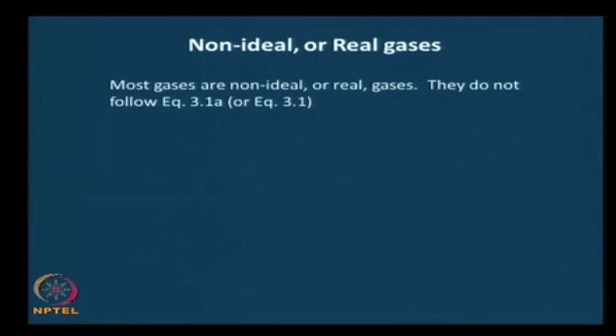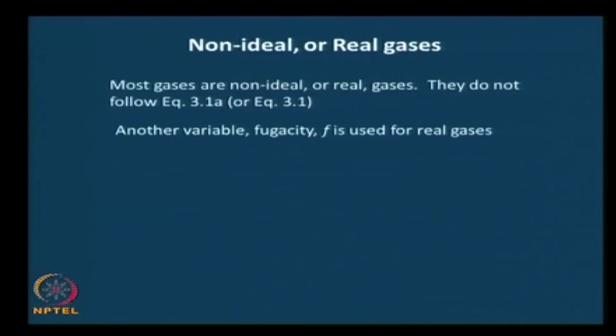In other words, for real gases PV is not equal to RT, or the chemical potential mu of a real gas cannot be expressed as mu naught plus RT ln P. Therefore, we need another variable, and that variable happens to be called fugacity F, which is used for real gases.